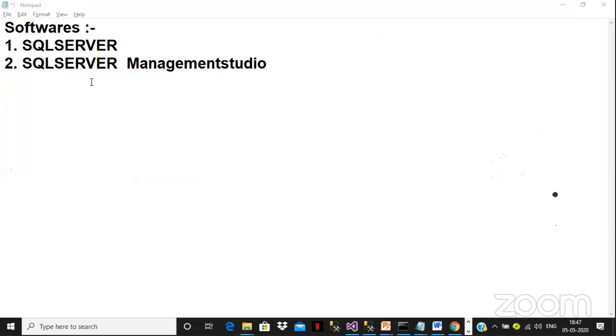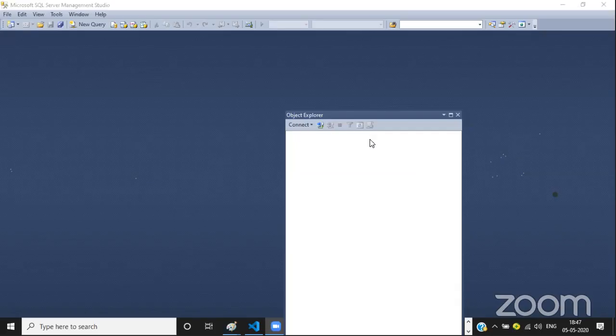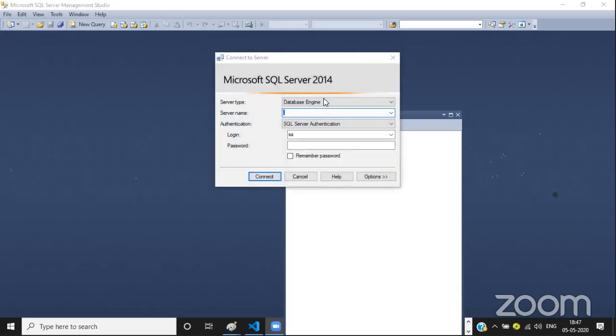That is an editor actually. In the background SQL Server is also there, which is used to manage the databases. It's a product of Microsoft. Microsoft SQL Server 2014. Did you understand? But finally you must have the Express edition.